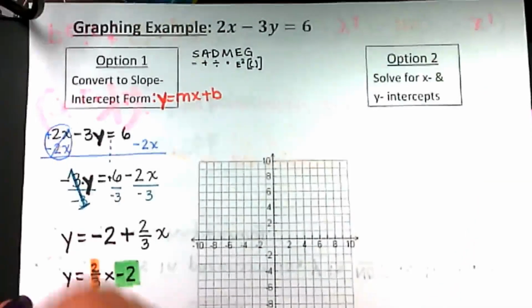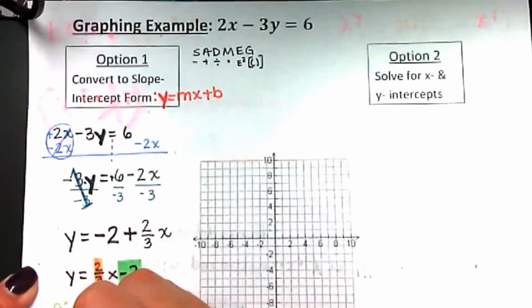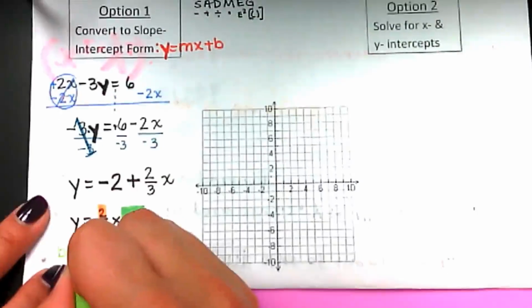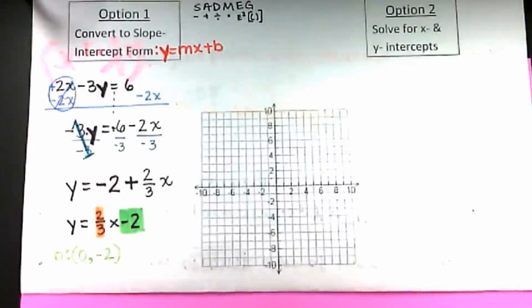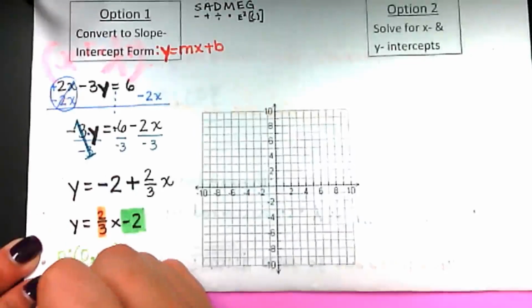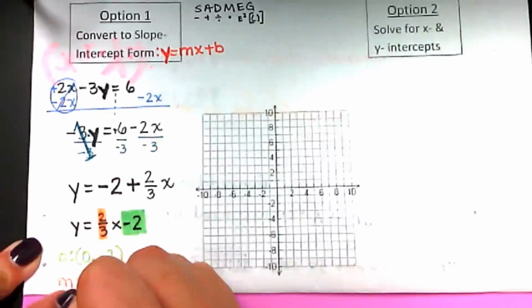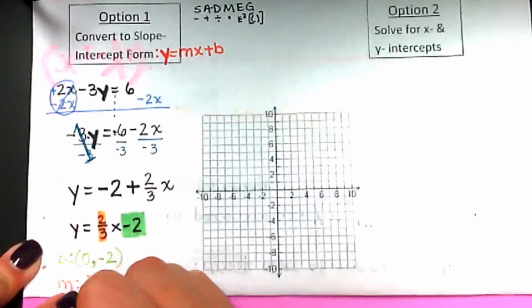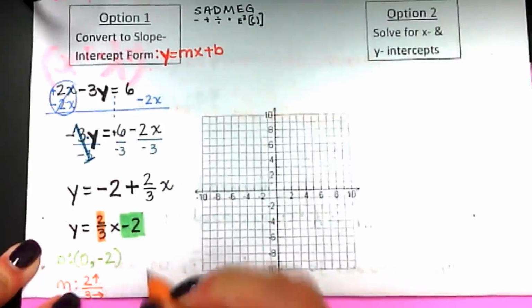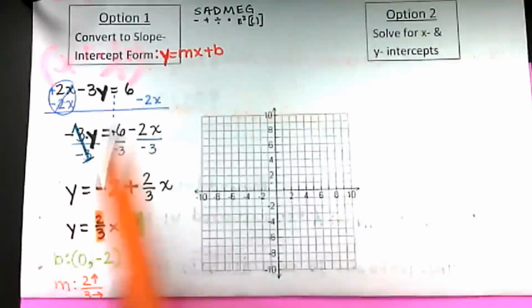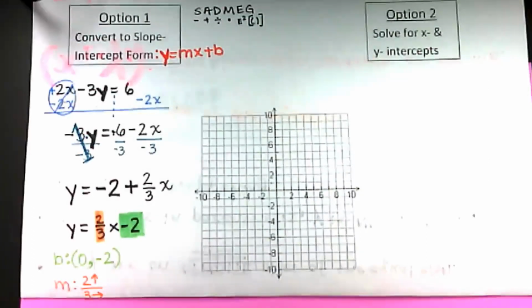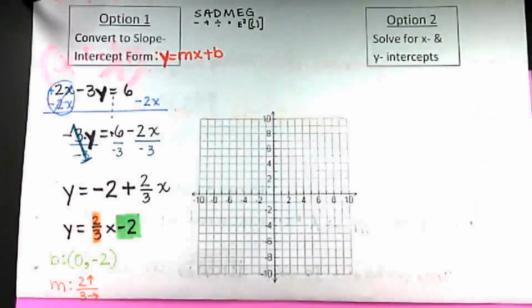So in order to graph this, we would say my b is 0, negative 2. And my m would be 2 up, 3 to the right. But since we've already done an example of graphing slope-intercept form, I'm not going to do that yet. I want to show you how to graph using the x and y intercepts.